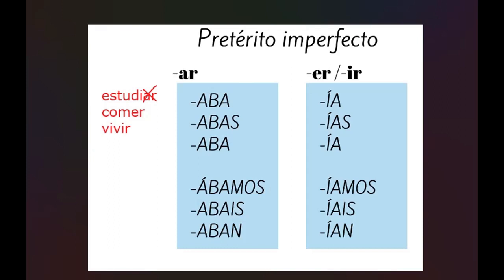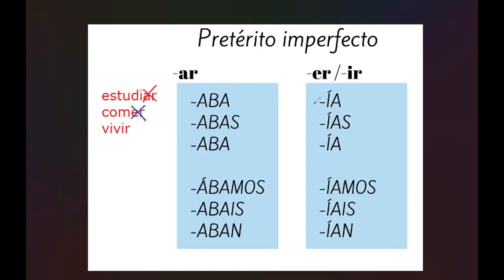For example, let's try to use now the verb comer. How can we make the correct endings for comer? So we're going to add the ending in the same way.